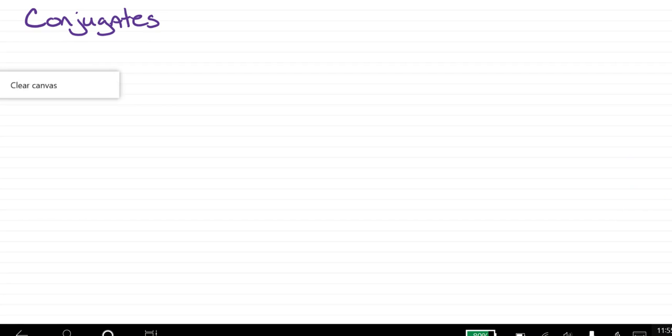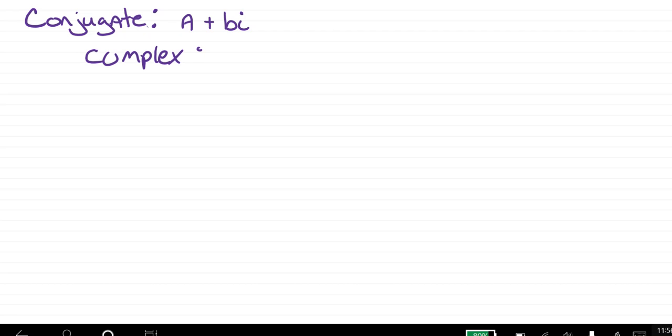A conjugate, when it comes to our complex numbers, let's say we have something like a plus bi. That's our complex number, a plus bi, in standard form.